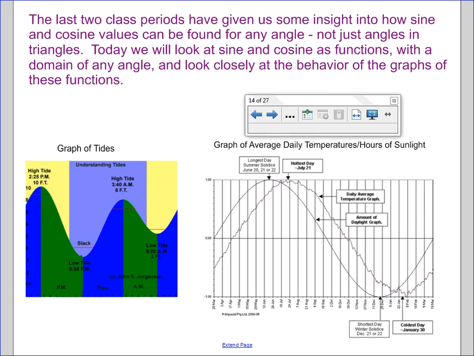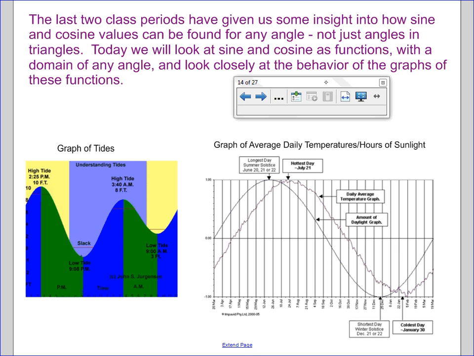It's important to note that sine waves, as we call the graphs of sine and cosine, appear in a variety of real-world applications. Think about the tides and the depth of water as a function of time throughout the day. The water comes in during high tide, reaching a maximum, and then the water depth decreases as the tide goes out, and so on and so forth. Take a look at this graph of average daily temperature as a function of the time of year and the corresponding hours of sunlight.